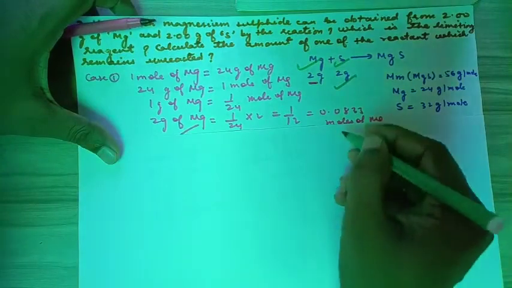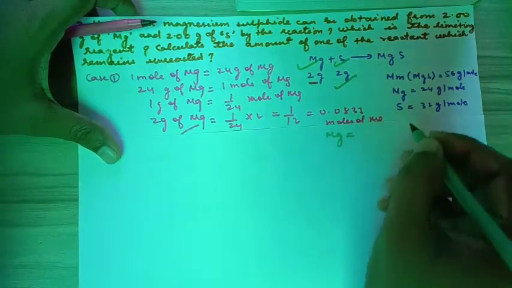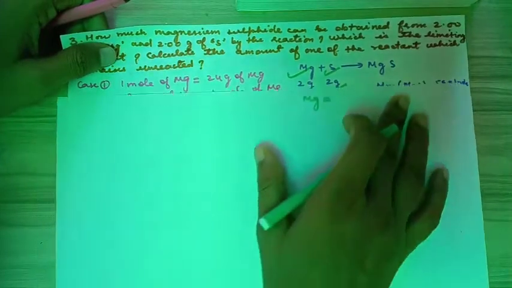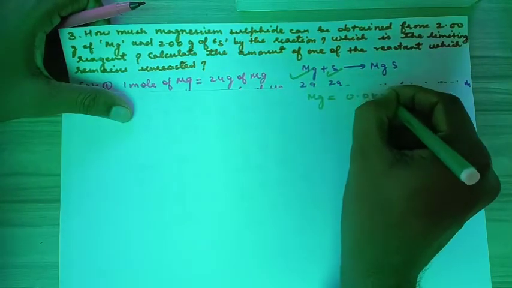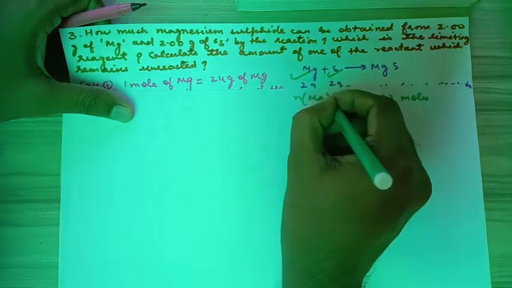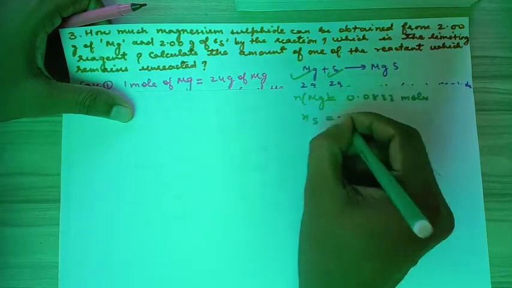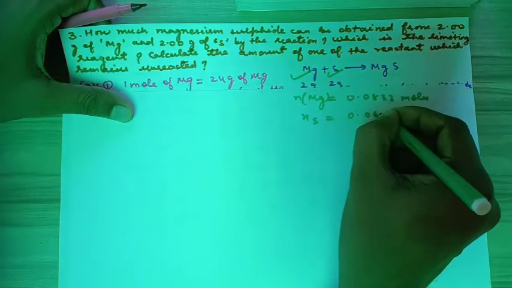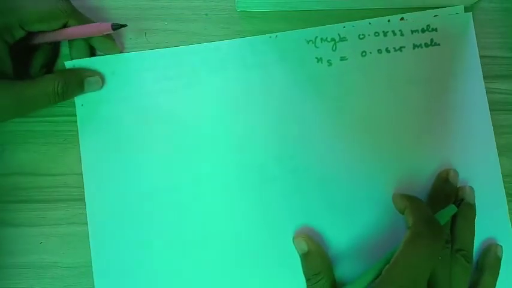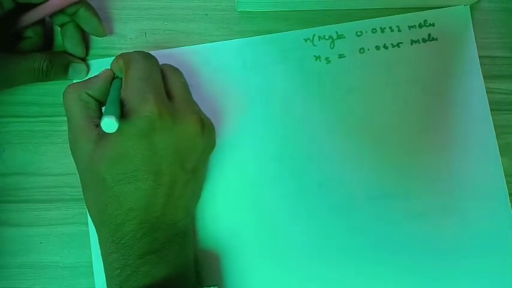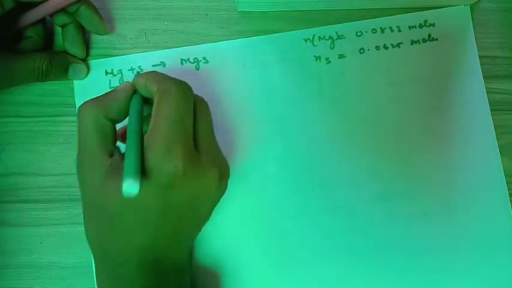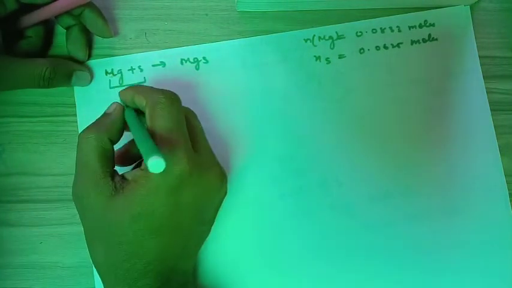So we have obtained moles of Mg, that is 0.0833, and moles of sulfur as 0.0625 moles. Now we have to use the equation, that is Mg plus S gives MgS. Now we have to use these two to find the limiting reagent.